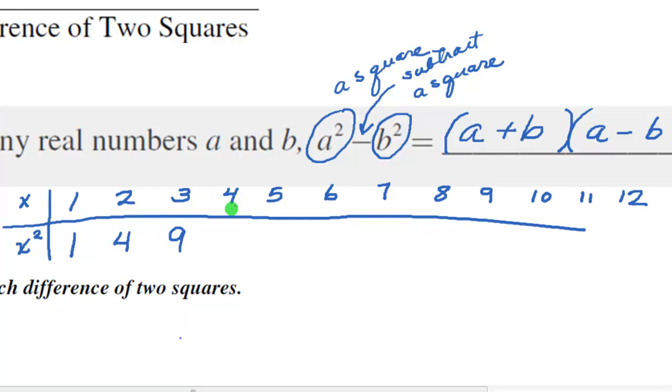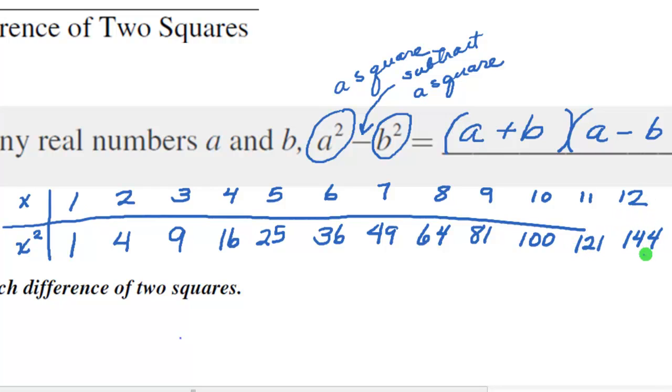So you get the idea. 4 squared is 16. 5 squared is 25. 6 squared is 36. 7 times 7 is 49. 8 squared is 64. 9 squared is 81. 10 squared is 100. 11 squared is 121. And 12 squared is 144. So we've got the first 12 perfect squares to look at in the integers.